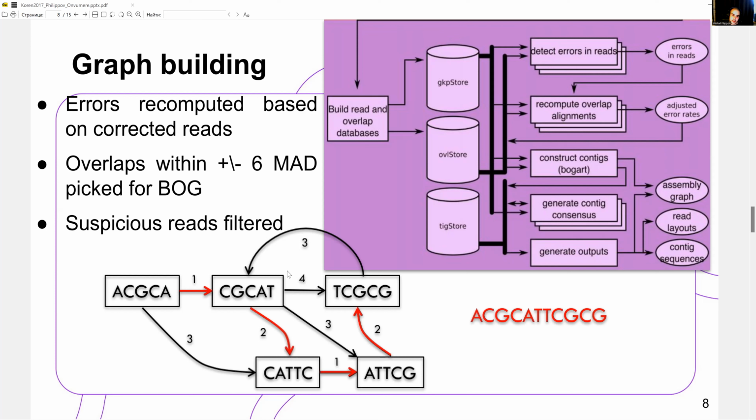And the reads that are placed on it will be, the algorithm will try to place them somewhere else.